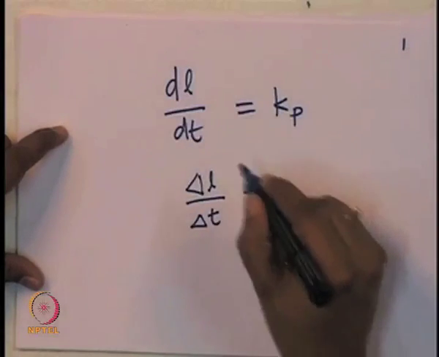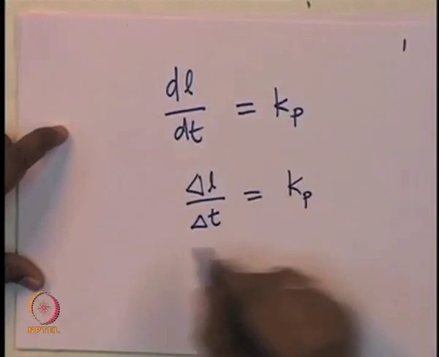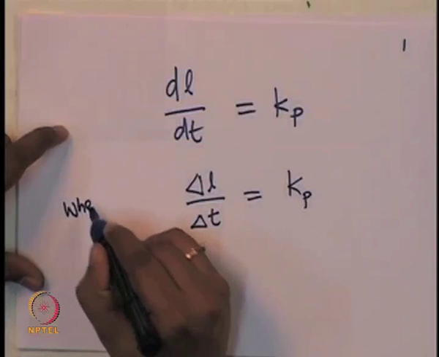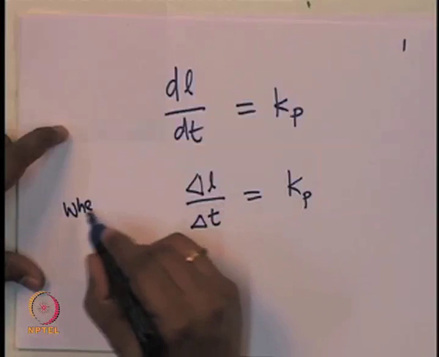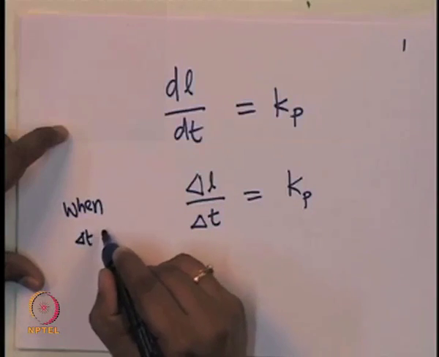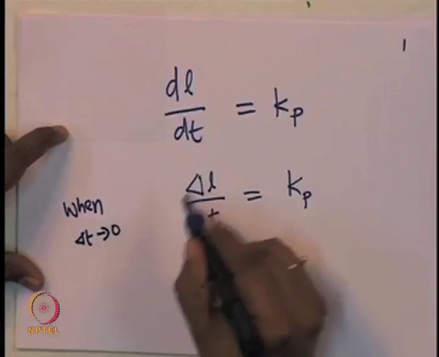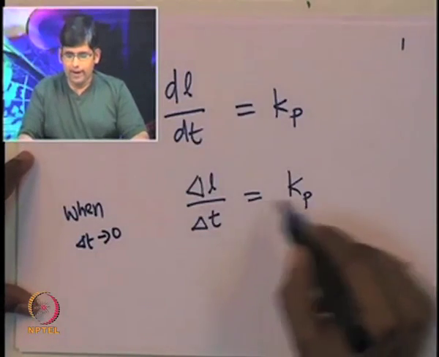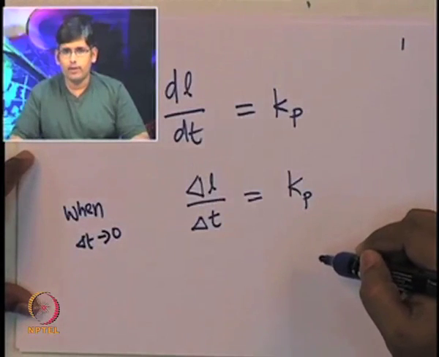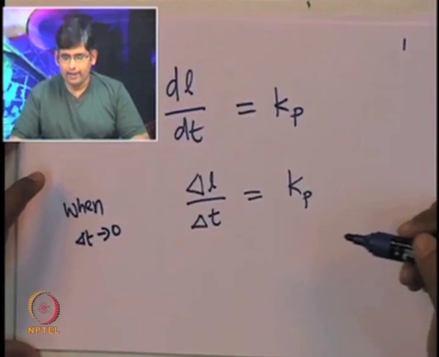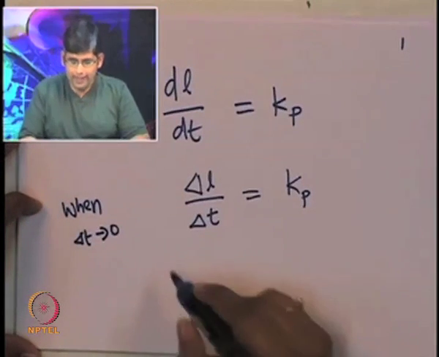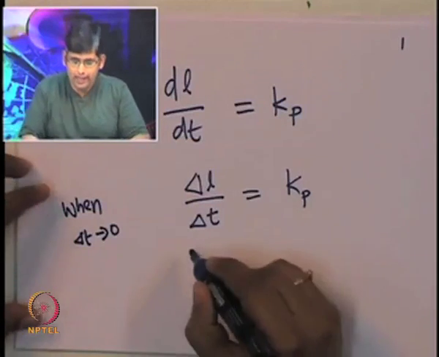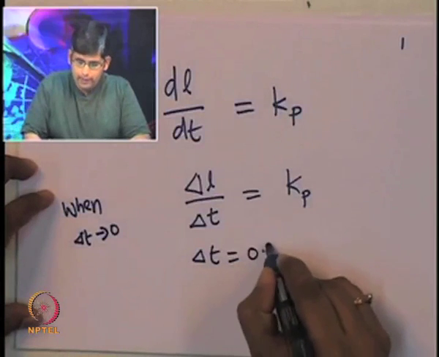So, when delta t is very small, we can write the equation in this particular way. Now, let us say that delta t is very small, a fraction of a second. Let us say delta t is 0.1 second.